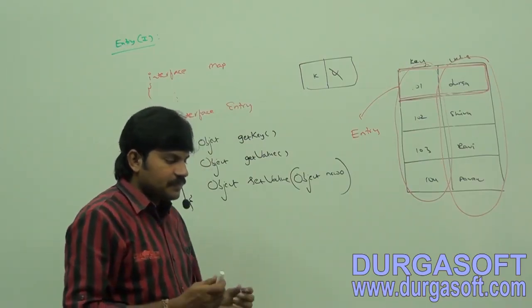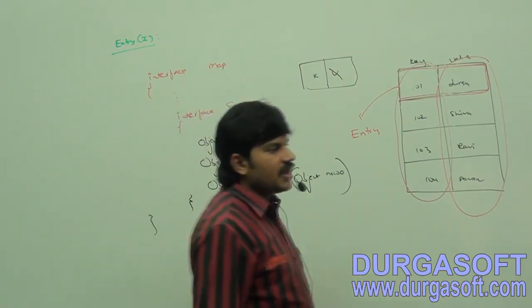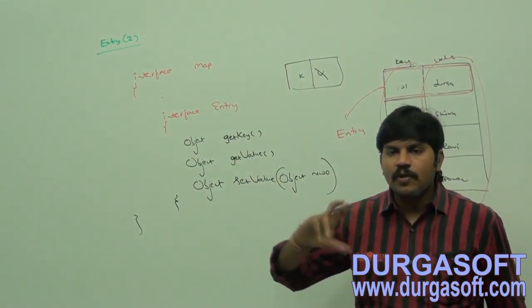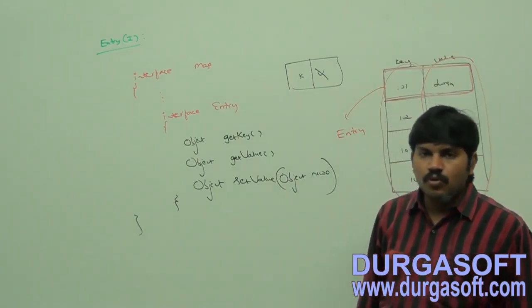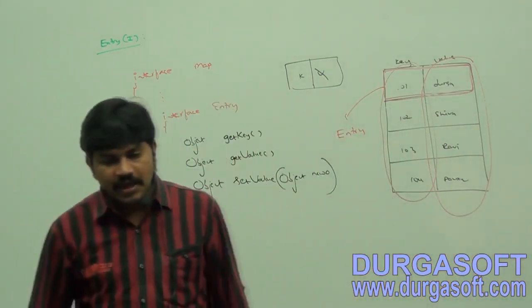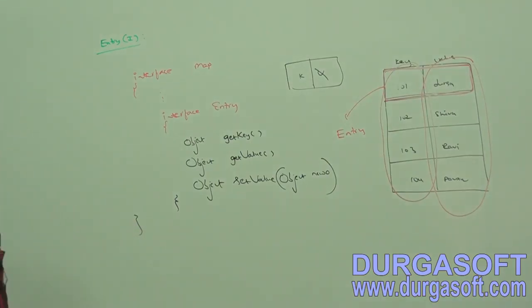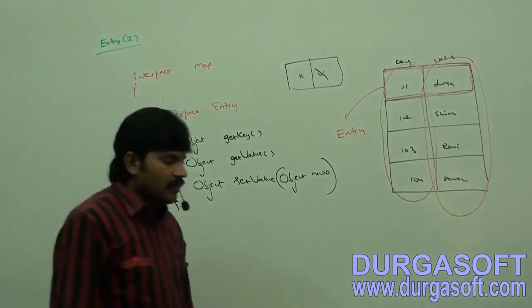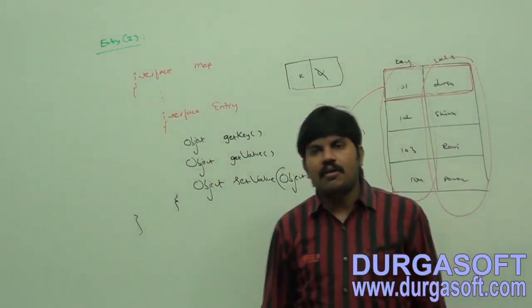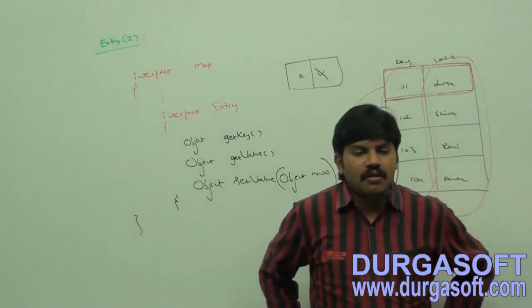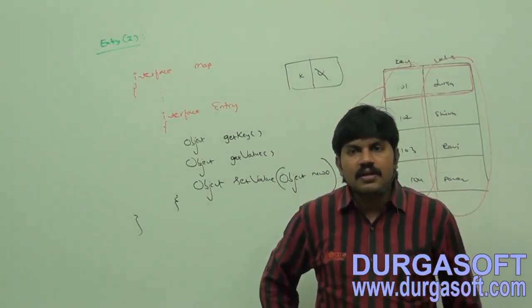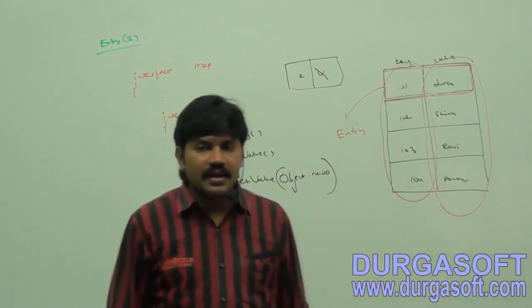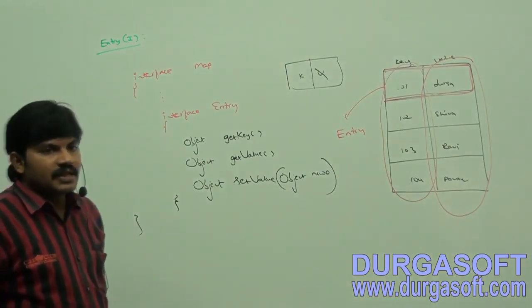A map is a group of key value pairs, and each key value pair is called an entry.